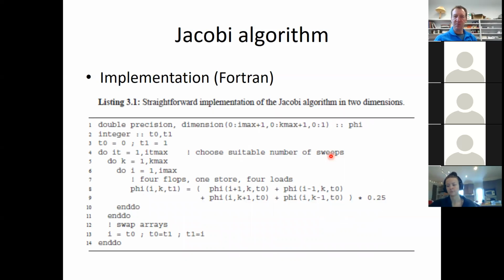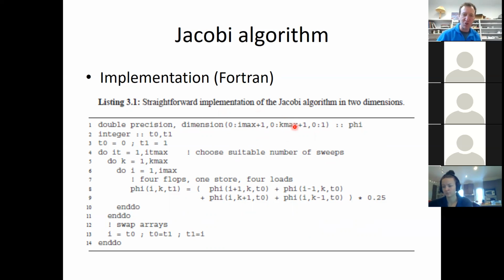So here is a straightforward implementation of this Jacobi algorithm in Fortran. It's double precision, and phi is an array with dimensions from 0 to i max plus 1 and 0 to k max plus 1.